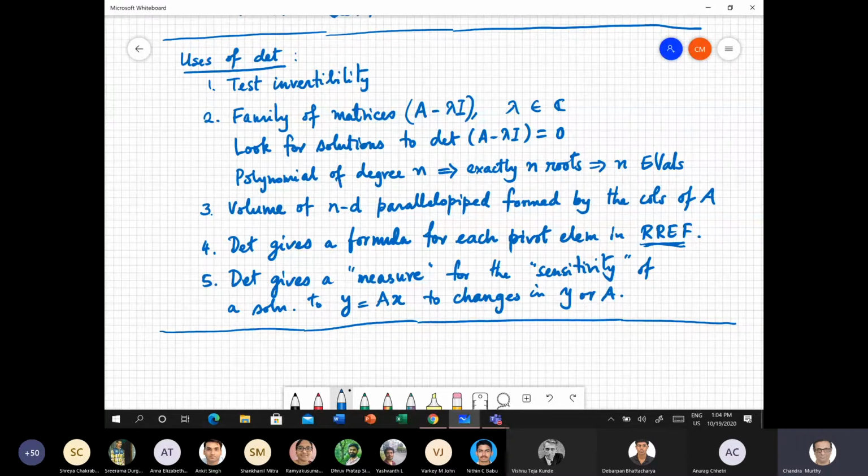And the determinant can be used to obtain a formula for what each of those pivot elements will be. When we look at decompositions, we'll study this connection. Okay, sir. But right now, I just want to say that determinant is also related to matrix factorization, or trying to find this row reduced echelon form.